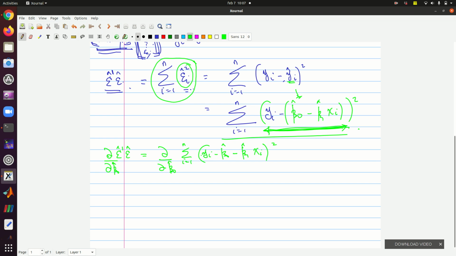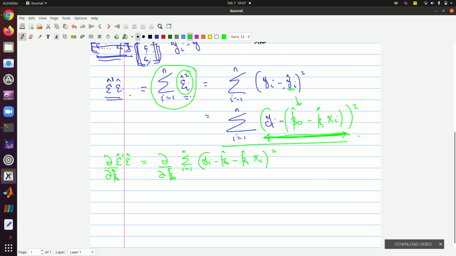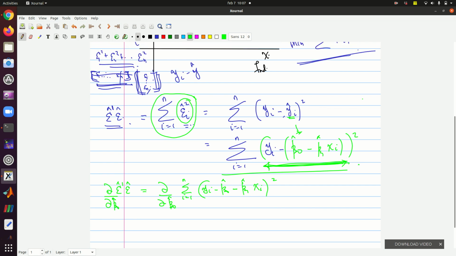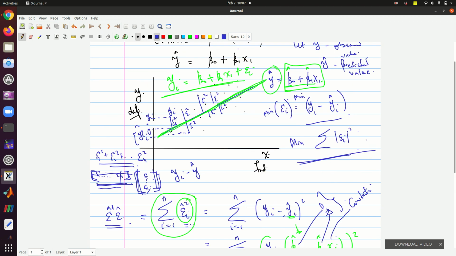Okay, so why the partial derivatives here? Because of the variables for which we want to find, we have beta naught and beta 1. So with regards to differentiation, these are going to be our two variables. And then xi are constants because these are already known values that are given to us when we are collecting our data here.